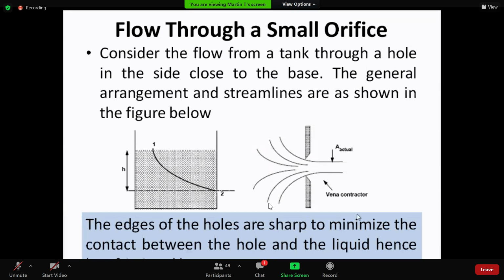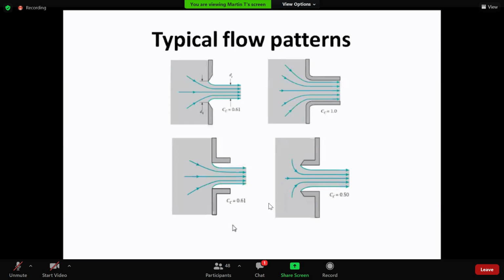So the figure on the right shows how the streamlines would be. If you could look at the next slide.